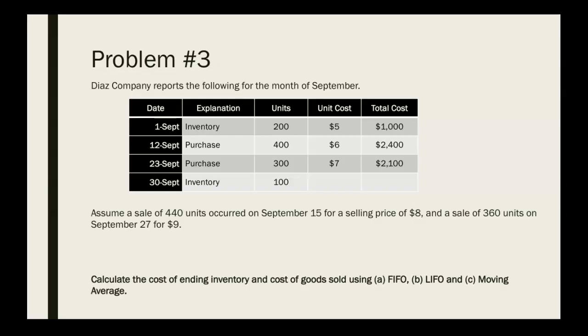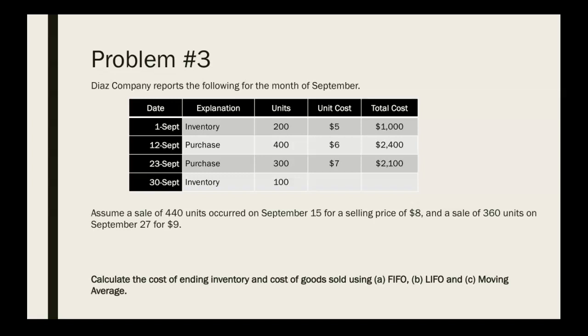So now we can move on to Chapter 6. Chapter 6 deals with what we call perpetual inventory systems. So we are given information here for Diaz Company in the month of September.